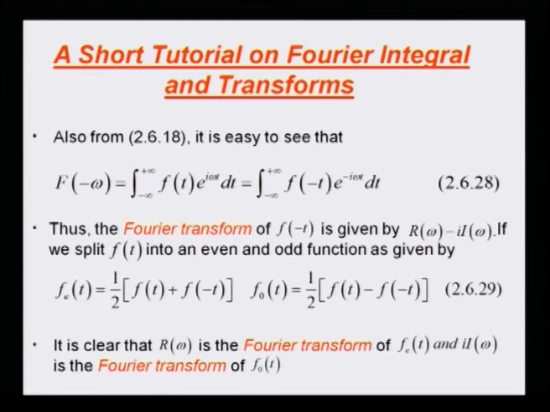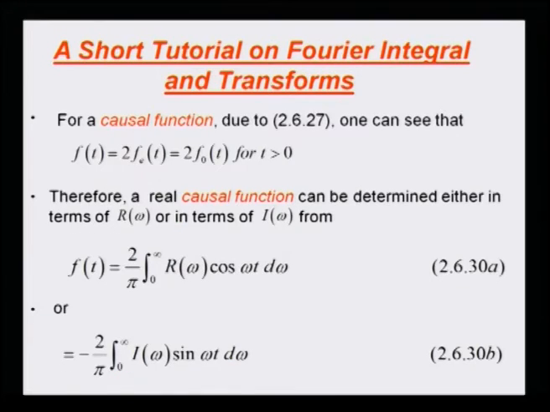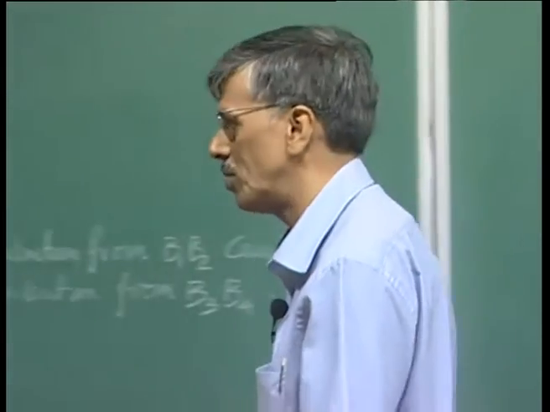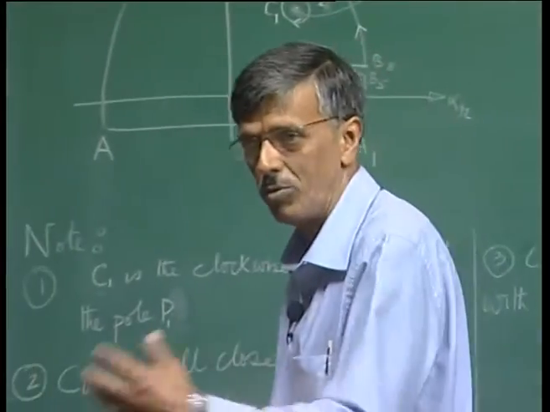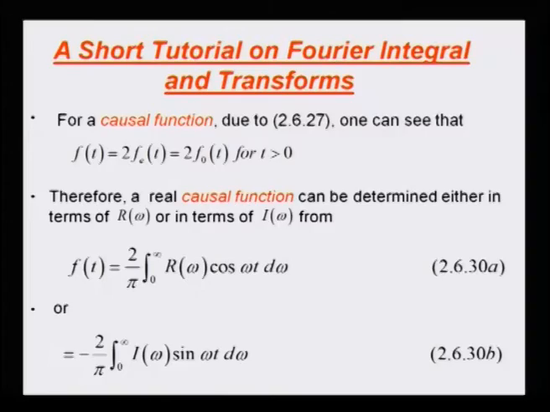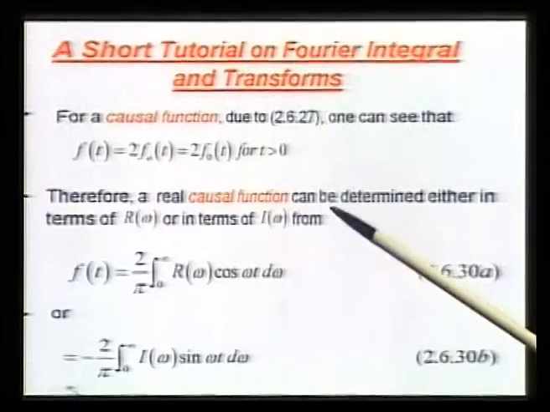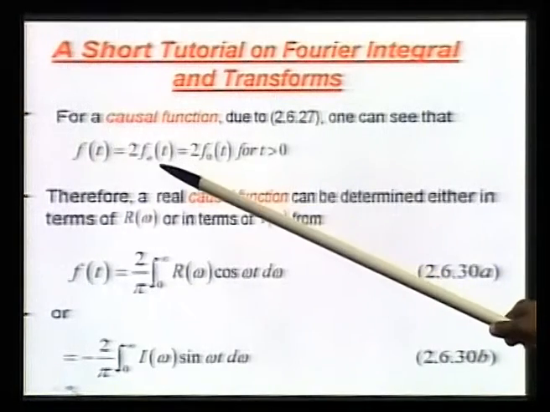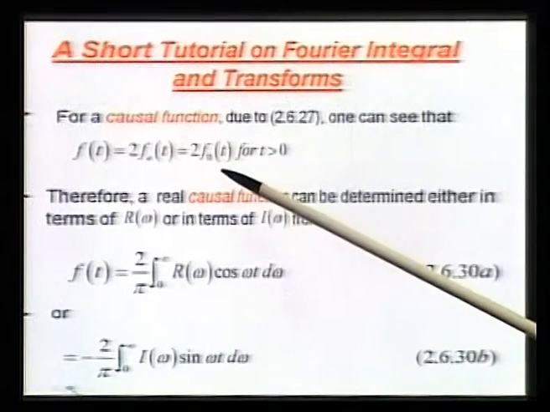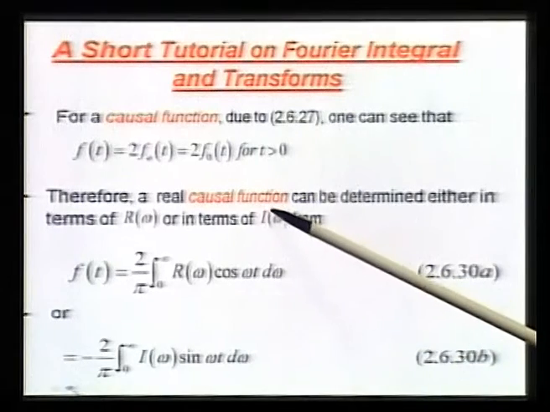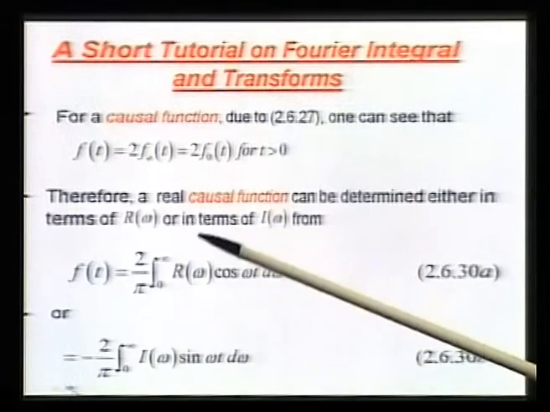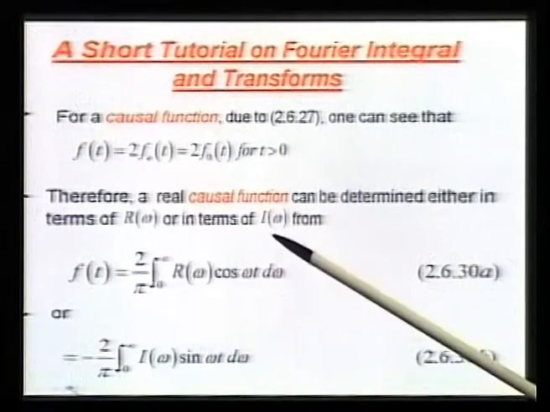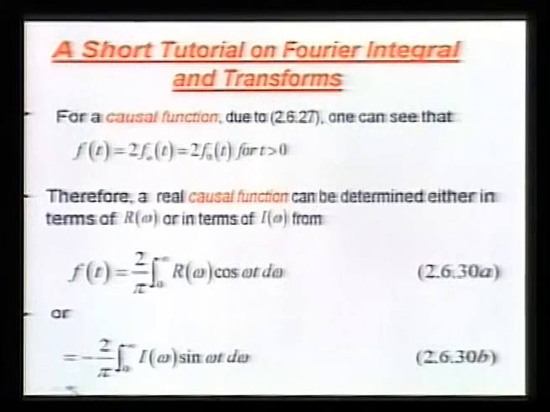Today's class, we are mostly going to talk about some of these mathematical fundamentals, but we will also try to connect it with what we intend doing. Now, we have seen that for a causal function, f of t will be nothing but twice f even or twice f odd. So, if I have a real causal function, then I can determine it either in terms of R or in terms of I, either of the formulas.